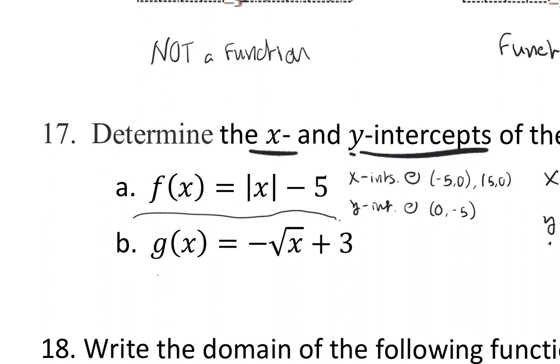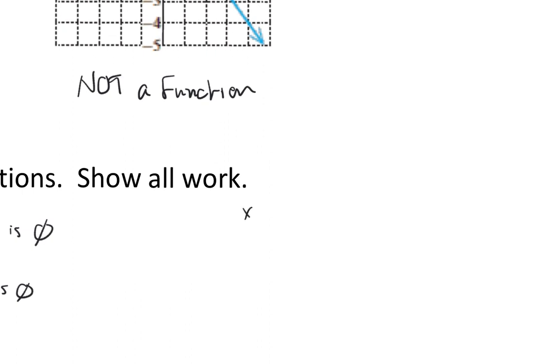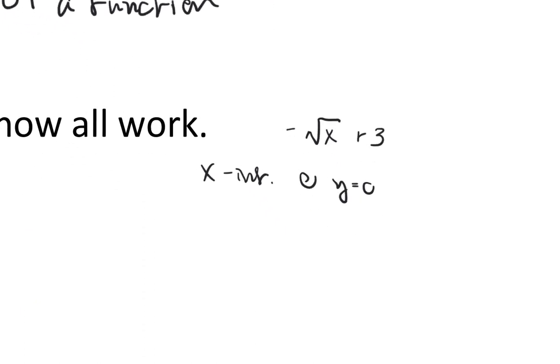Now under the next function, we're looking at g of x is equal to negative root x plus 3. So to find the x-intercept first, that's going to be at y is equal to 0. So we set 0 equal to negative root x plus 3.